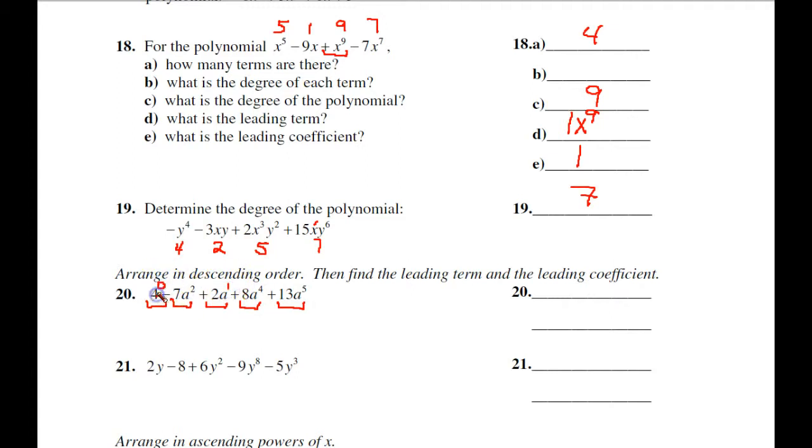Now remember, it's x to the 0, not the 4. All right, and this one, the same way. This is going to be the first, y to the 8th, y to the 3rd, y to the 2nd, y to the 1st, y to the 0.